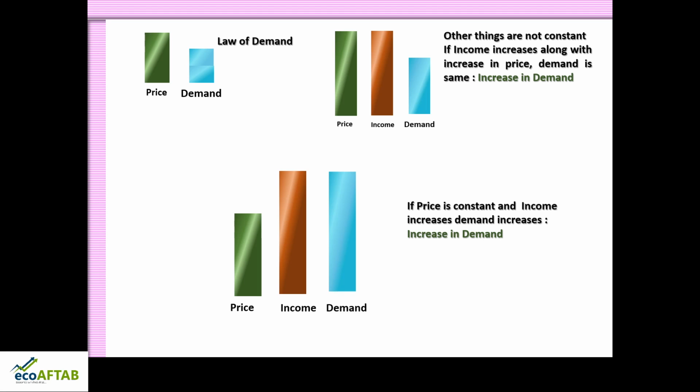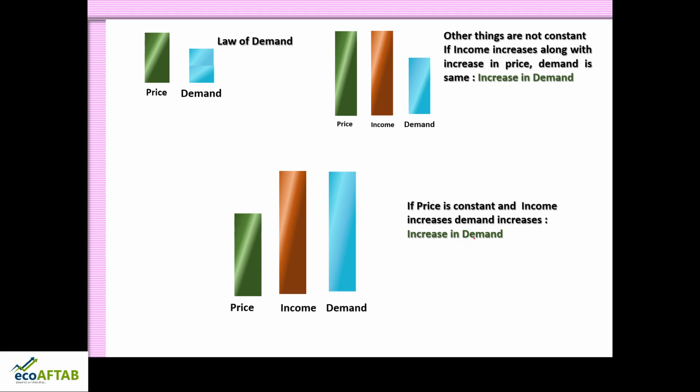So these two situations, one is when other things are not constant and price is increasing and also income is increasing, that is increase in demand, and the other is price is the same but income increases. If price is constant and income increases, demand also increases. This is also a situation of increase in demand.